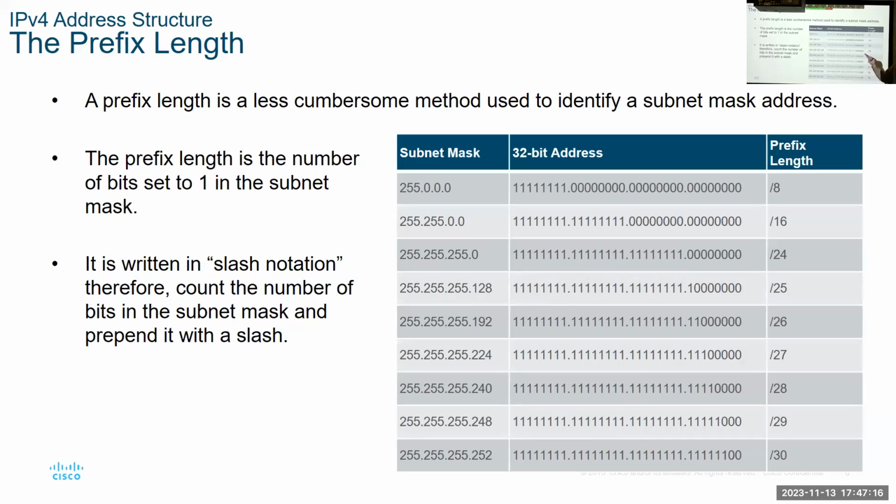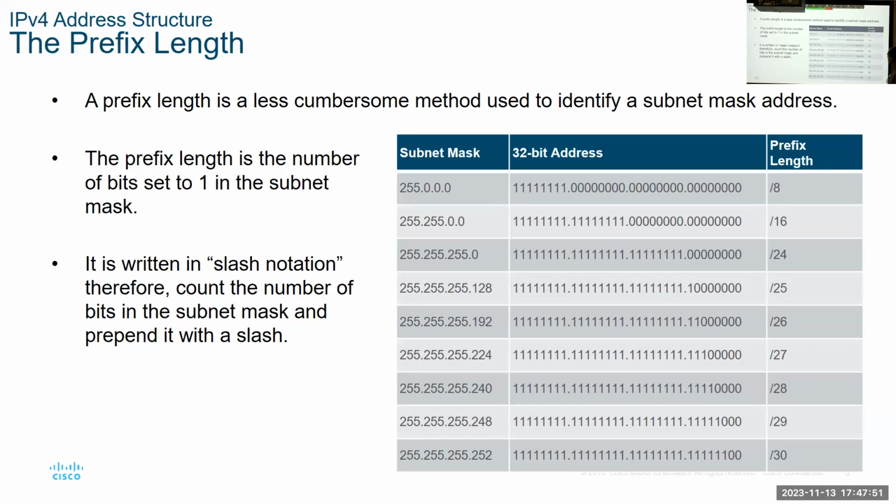But 2 of those are reserved, one for the network ID and the other for the broadcast. So that gives you only 2 addresses left when it's a /30. If you went to /31 in the subnet mask, you'd have 1 bit left, and the 2 addresses would be the broadcast and the network ID. So there would be no addresses left for hosts.